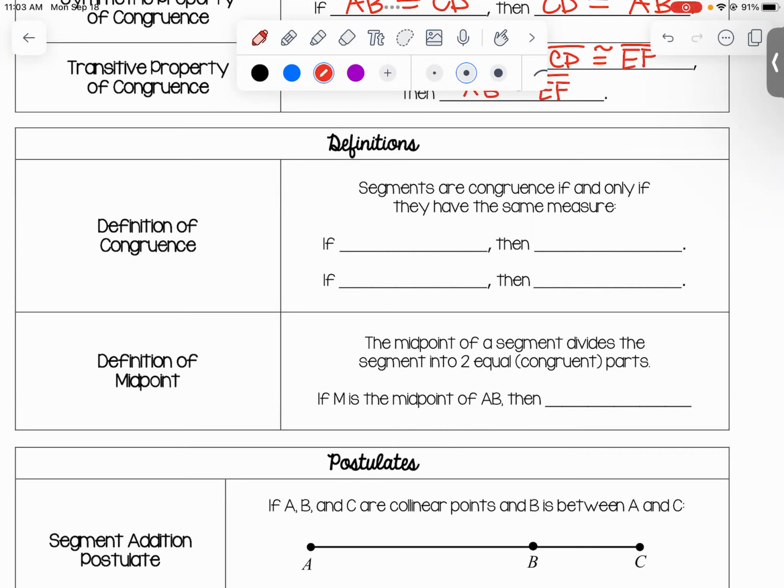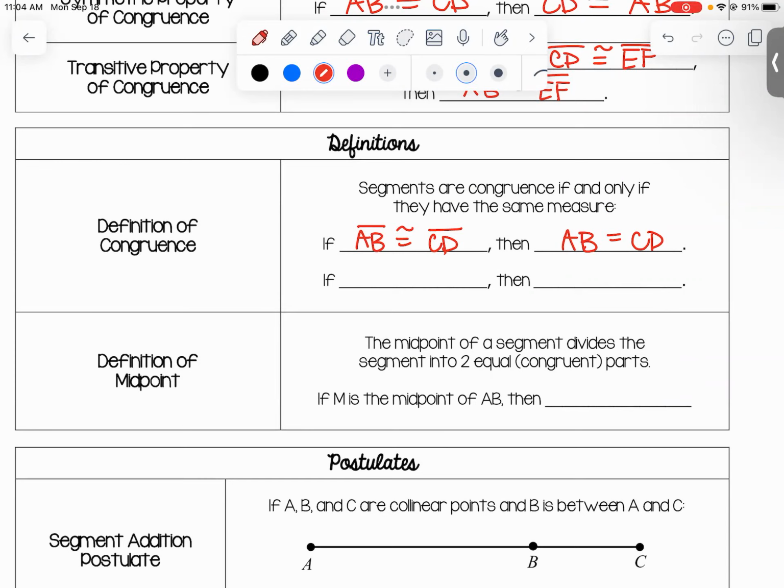So the definition of congruence. This is going to be important if we need to work with segments in a specific way. So we know that segments are congruent if and only if they have the same measure. What does that mean? That means if I have two segments that are congruent, then I know that their measures are the same. Here I'm talking about the segments being congruent.